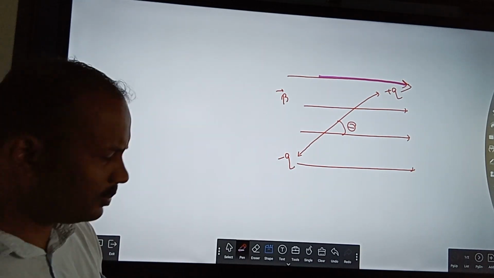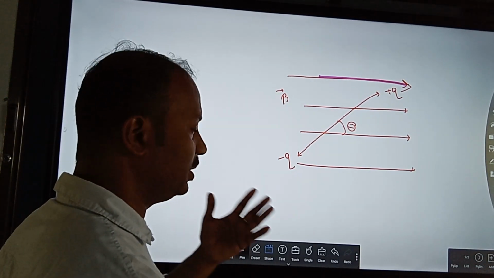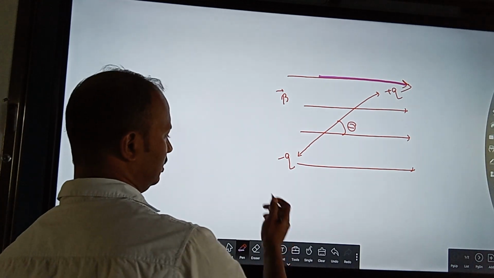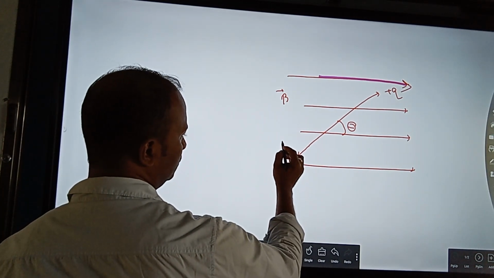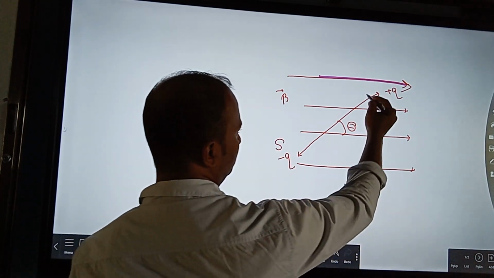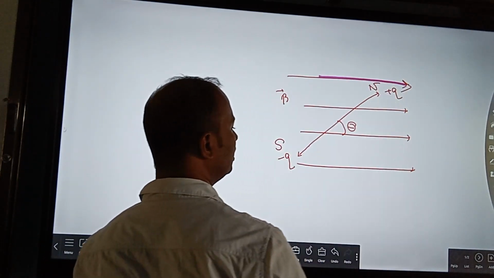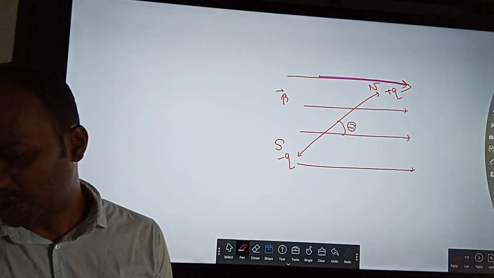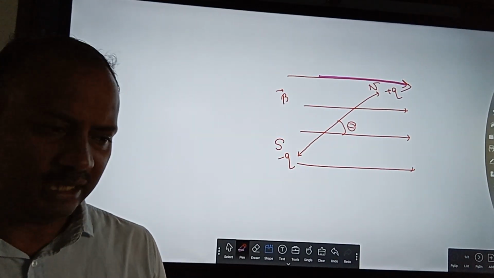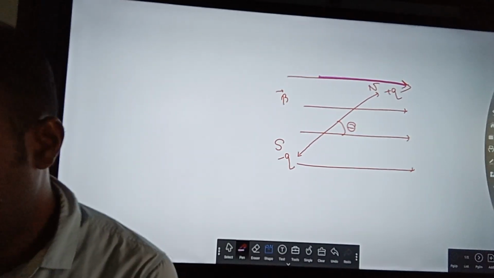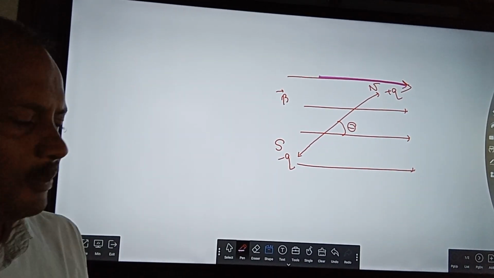Automatically there will be two poles, one south pole and one north pole. This uniform magnetic field has the dipole moment.